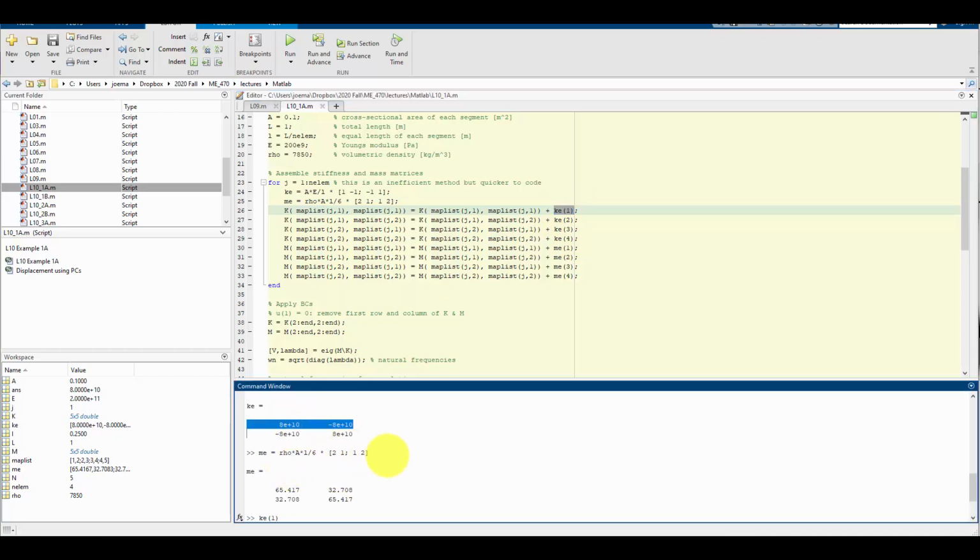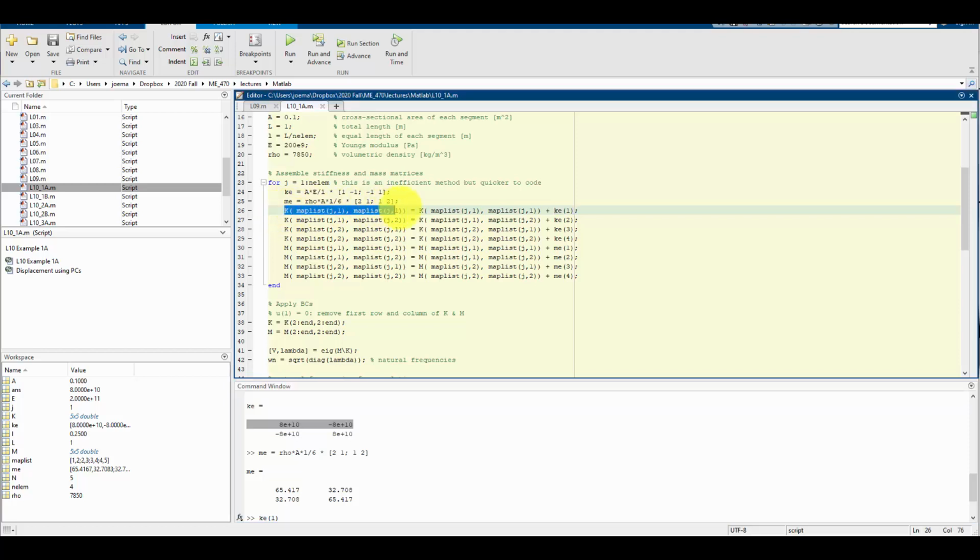So it should go into spot 1, 1 of my global matrix because this is talking about node 1. Because this is from element 1, its left element. So that's what I'm seeking here, it's K of what's going to turn out to be 1, 1. So map list here is 1, and map list here is 1 as well.